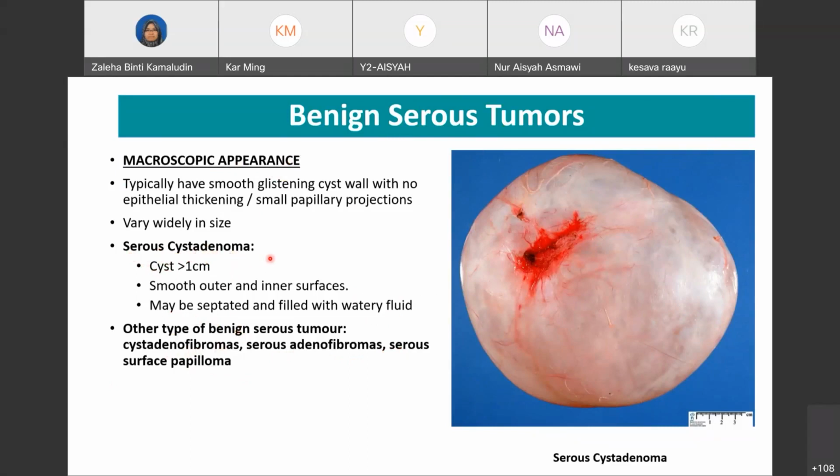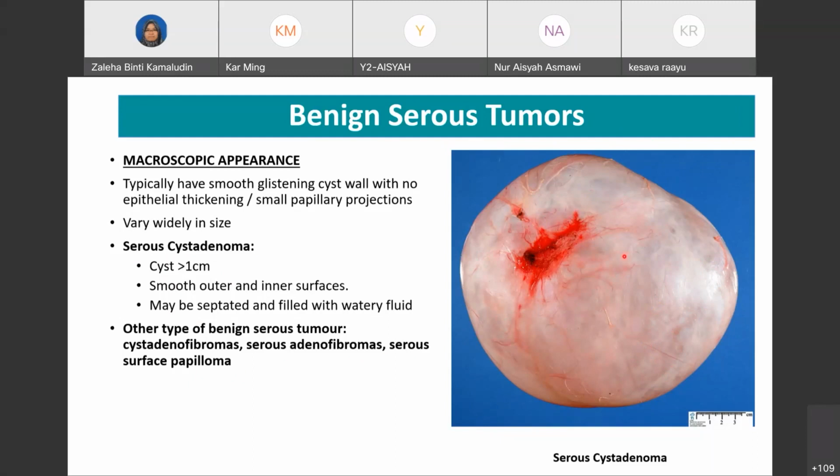Typically, it is a uniloculated cyst, and the size can range up to 20 centimeters. The tumor has a smooth, glistening surface, and when you cut it, it contains a clear, watery, or straw-colored fluid within the cyst.